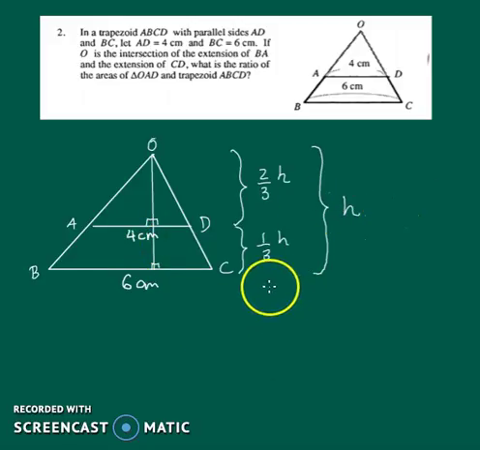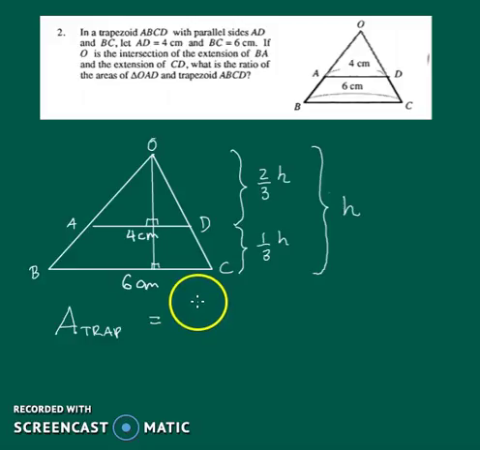Okay. Now we can look at the areas that we're being asked about. If you remember how we find the area of a trapezoid, so I'm going to say area trap. The way that we find an area of a trapezoid is by finding the average of the two parallel sides and then multiplying by the height.